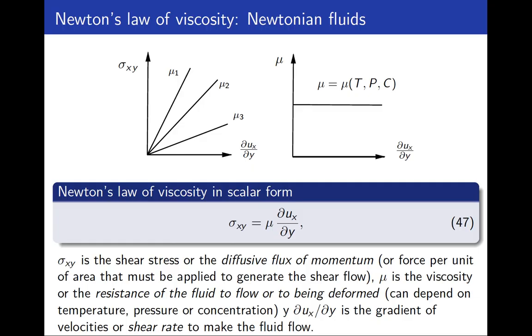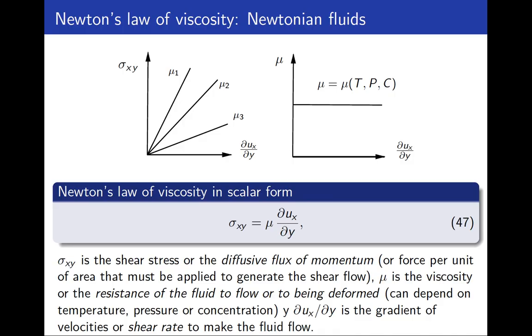We care more about how one property is being transported from one place to another place, and this transport by diffusion always goes from high concentration of the property to low concentration of the property. This means, for instance, in heat transfer, the transport by diffusion of heat always goes from high temperature to low temperature. It never goes in the opposite way.